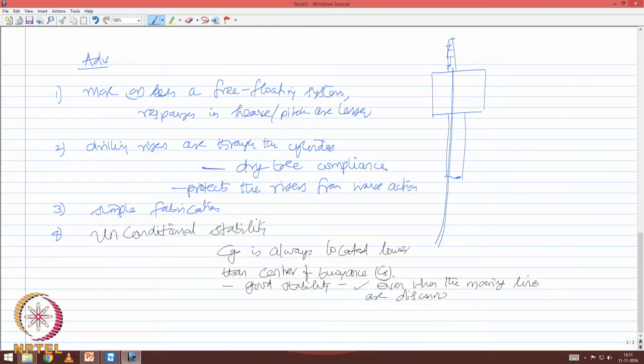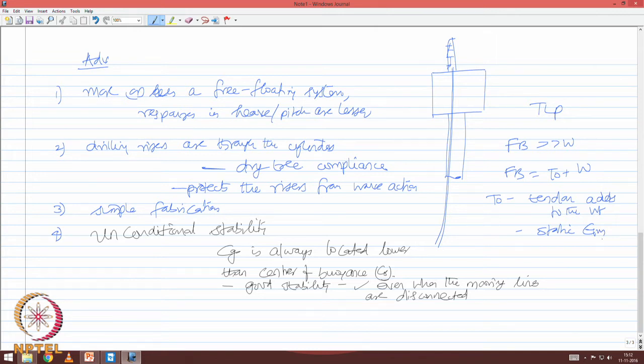Friends, you will realize that this case is not true in case of a TLP, because in a TLP, buoyancy FB exceeds the weight, and FB and weight are compensated with initial tension. So, initial tension in the tether or tendons adds to the weight, and adds to the static equilibrium.